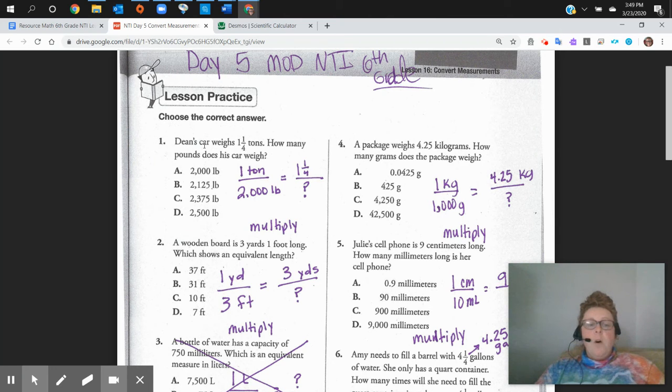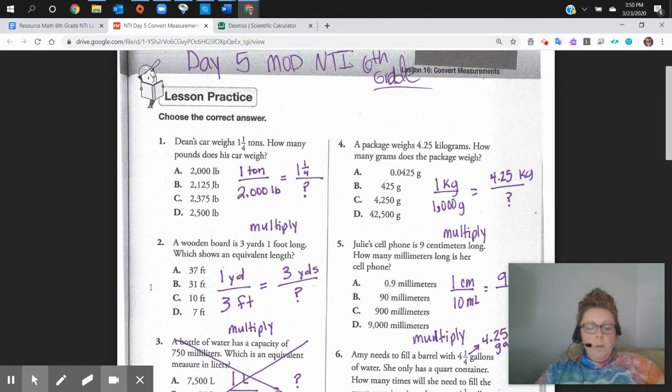It says Dean's car weighs 1 1/4 tons. How many pounds does his car weigh? And just note that LB is the abbreviation for pounds. I can't tell you why. Okay, so our conversion factors.